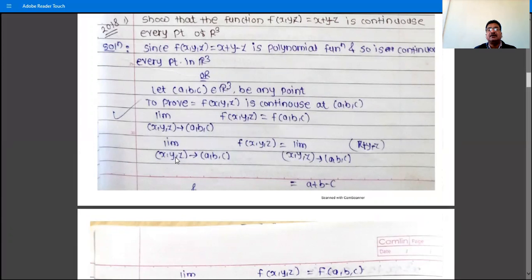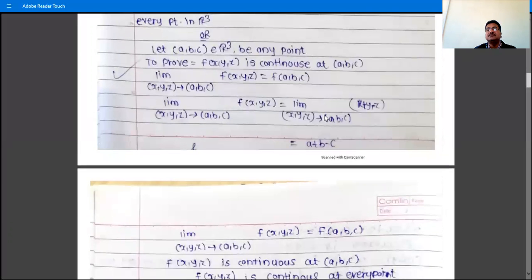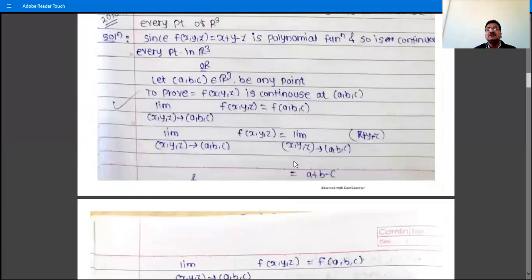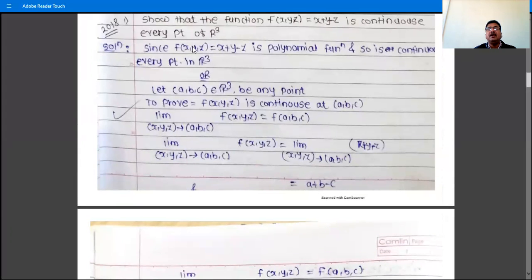So we will find the limit as (x, y, z) tends to (a, b, c) of f(x, y, z). This is the definition of a continuous function. The limit of x plus y minus z, if we substitute x as a, y as b, and z as c, gives a plus b minus c. And what is f(a, b, c)? It is a plus b minus c.